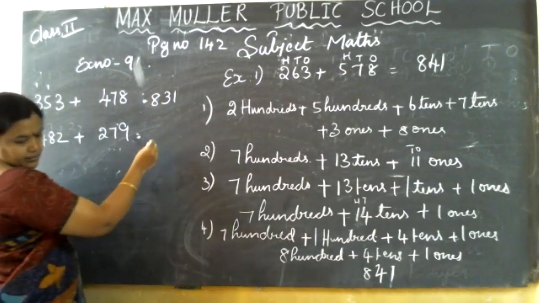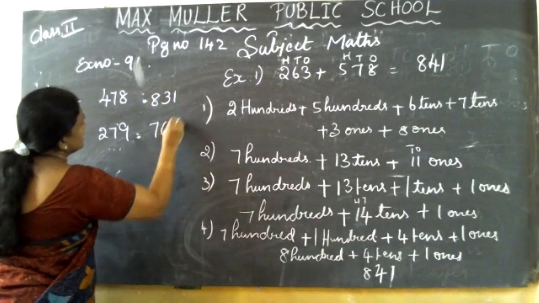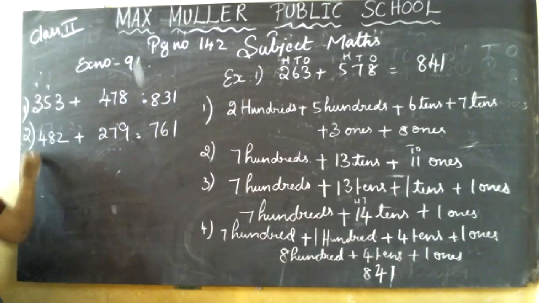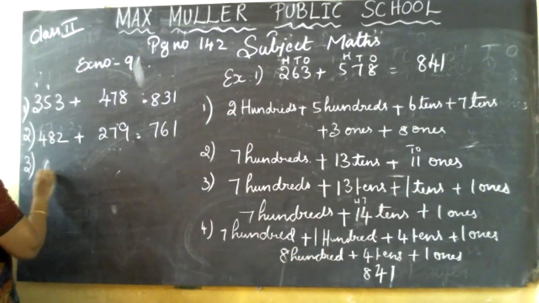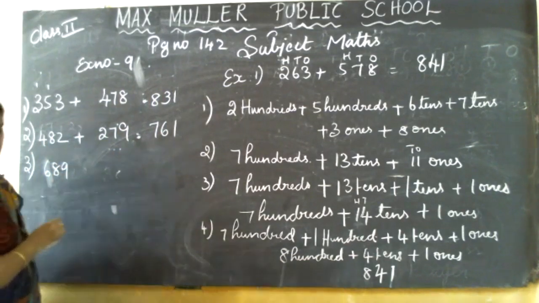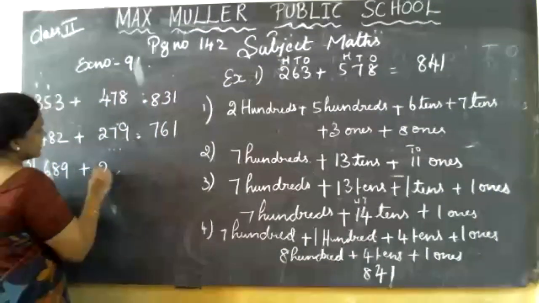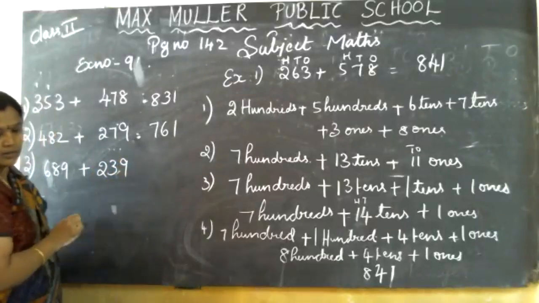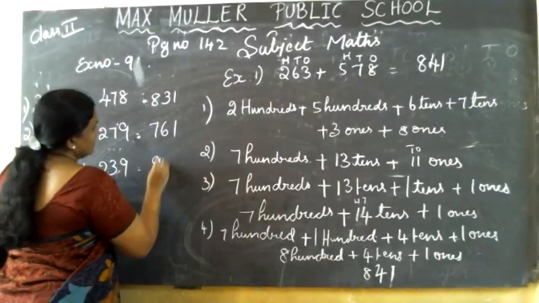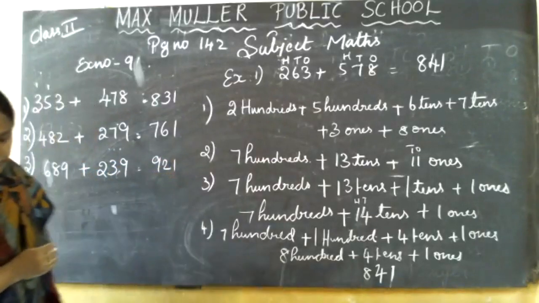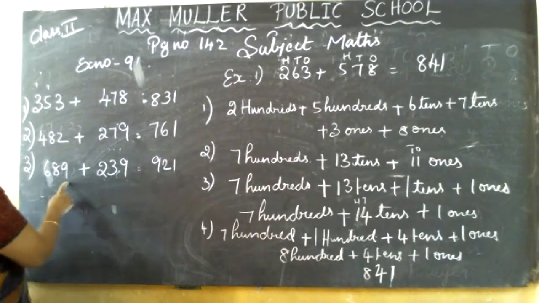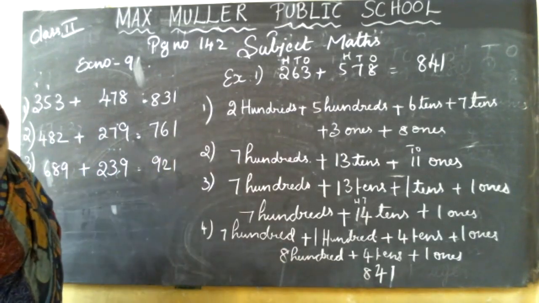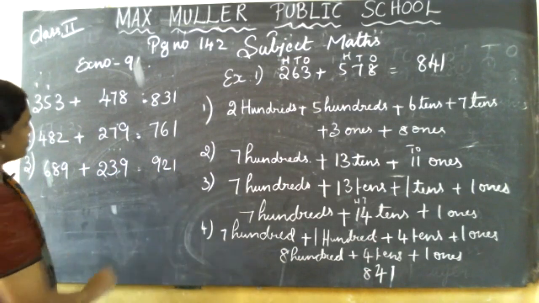Second one, the sum is 761. Third one, 689 plus 239 is 921. Nine plus 9, 18. The answer is 232.